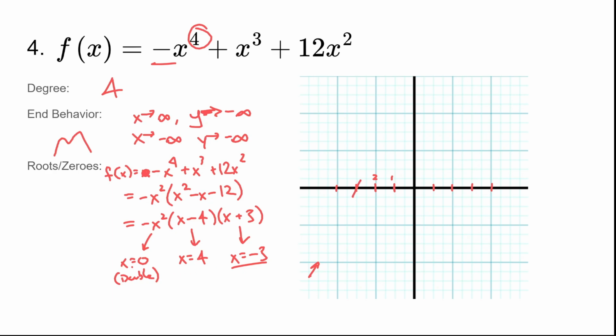The next one is x equals 0, a double root, which means it's going to bounce off, looking something like this. And then we have x equals 4, a single root, so it's just going to cross over. So the function looks something like that.